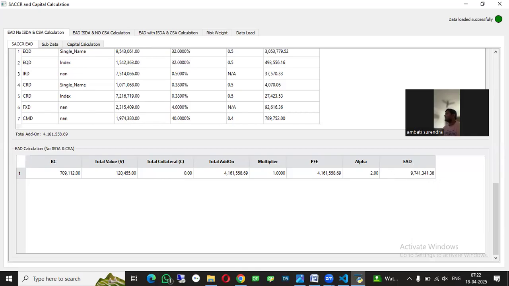So this EAD is calculated under SA-CCR for several reasons, but there are two major ones. Basel III came up with the SA-CCR framework, replacing the older Basel II methods like the current exposure method and the standardized method, because it enhances the banks' risk calculations.